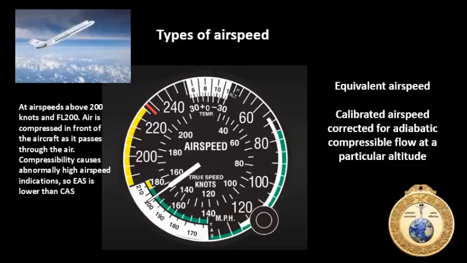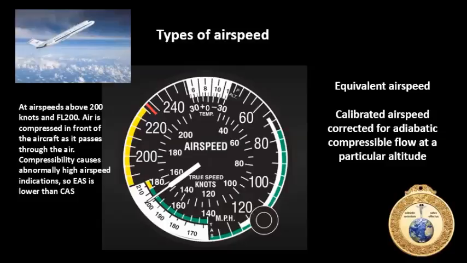Equivalent airspeed deals with high performance aircraft that fly faster than 200 knots and go higher than 20,000 feet. Not your typical training aircraft, but it's something you need to be aware of because it's calibrated airspeed corrected for adiabatic compressible flow at a particular altitude.